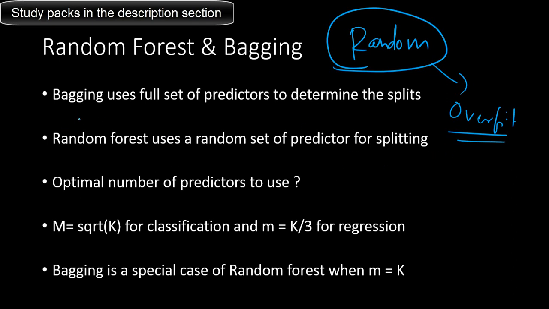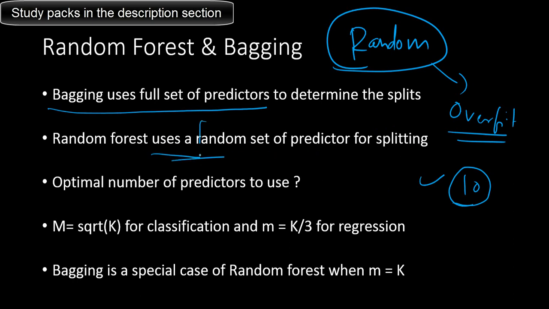One of the main differences between bagging and random forest is that bagging uses the full set of predictors. Say you have 10 independent variables or predictors. Bagging is going to use all 10 of them while splitting your data and building separate models for these bootstrap samples. However, random forest uses only a random subset of them.